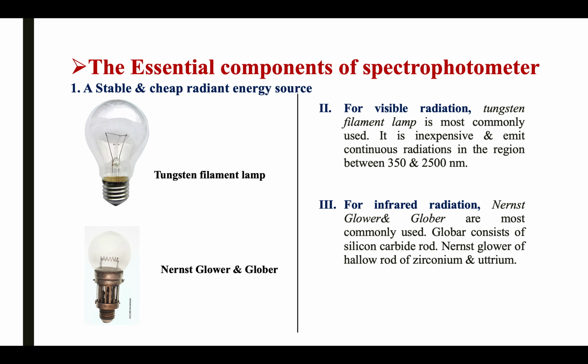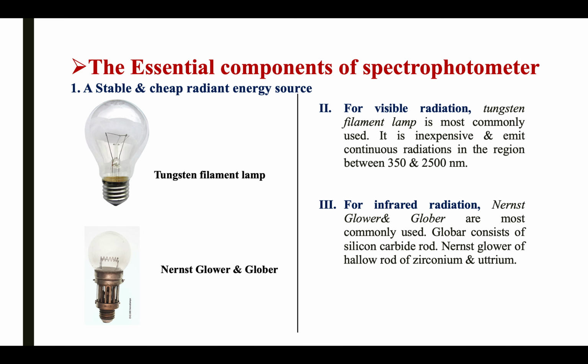The third region is the infrared. For infrared, the Nernst glower and globar are the most commonly used radiation sources. The globar consists of a silicon carbide rod, and it doesn't require any outer gas, because silicon carbide is a very tough material and survives at high temperature.